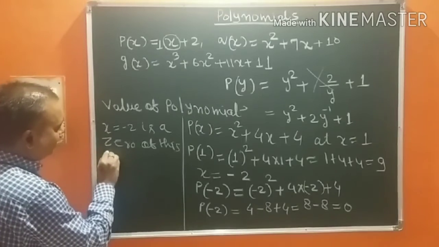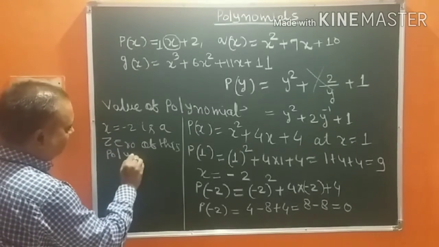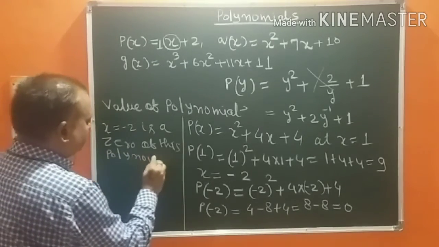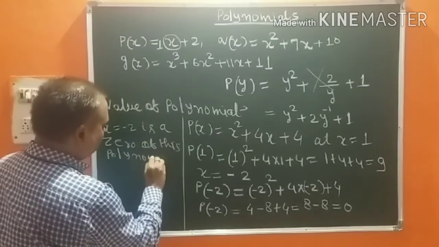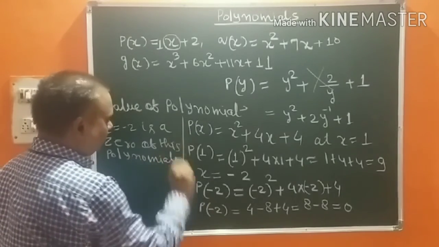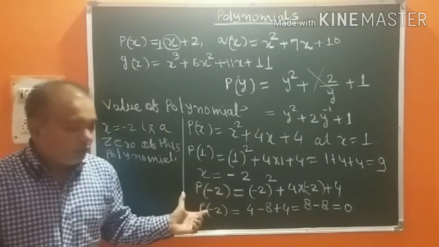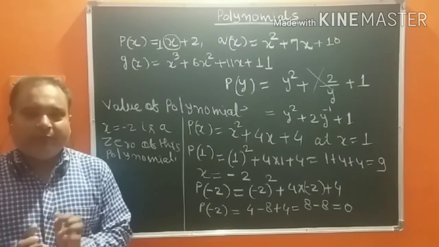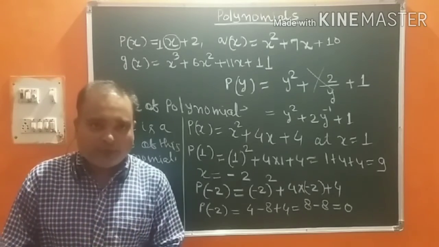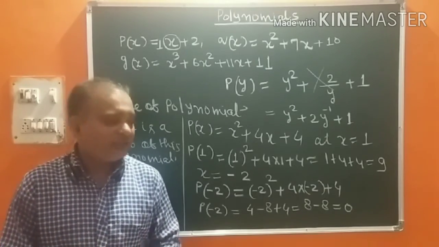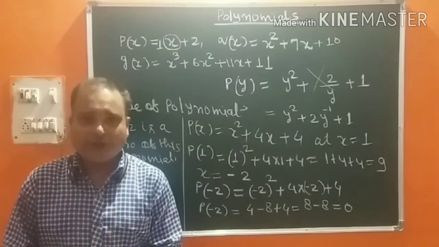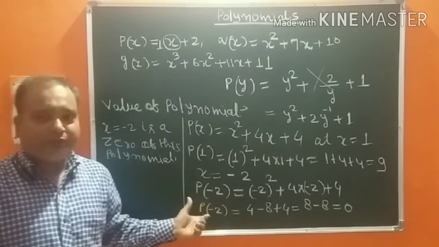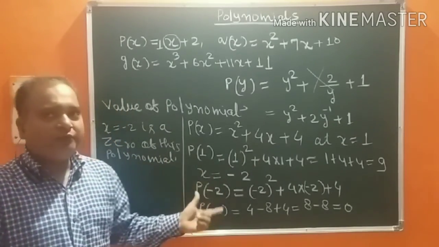Clear? x equal to minus 2 is a zero of this polynomial. So now the concept is, what is the zero of a polynomial? Basically zero of the polynomial is the value at which the polynomial becomes 0. So this is the concept of zero of a polynomial.